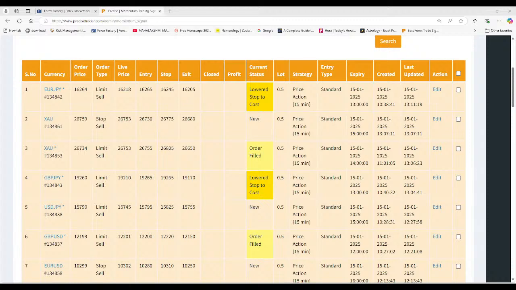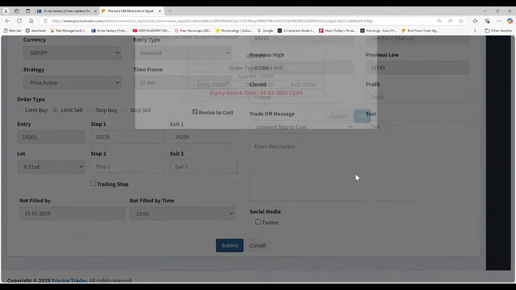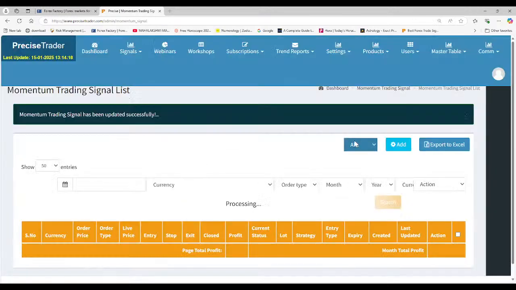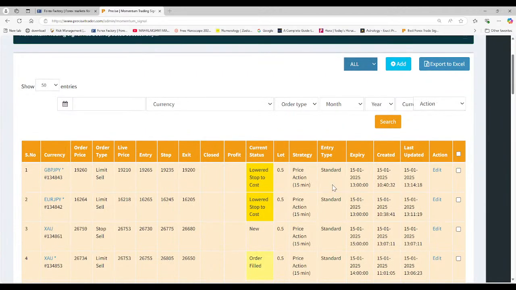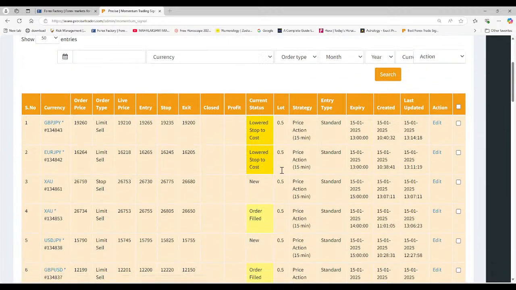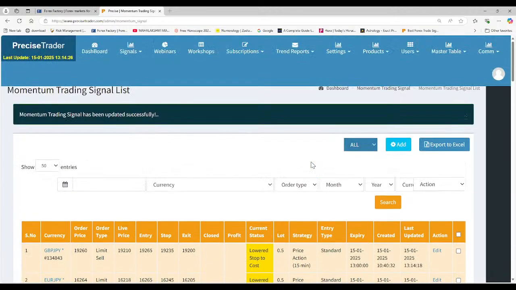So now I revise my TP to 92 and the stop loss also has to be revised. The stop loss I bring it down to 35. After this I can literally forget about this trade, or I can move on to the next trade. And this is how you should be managing your trades.